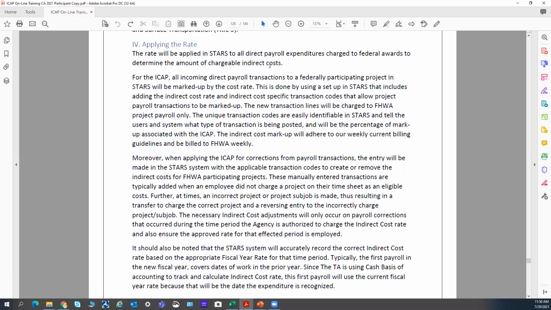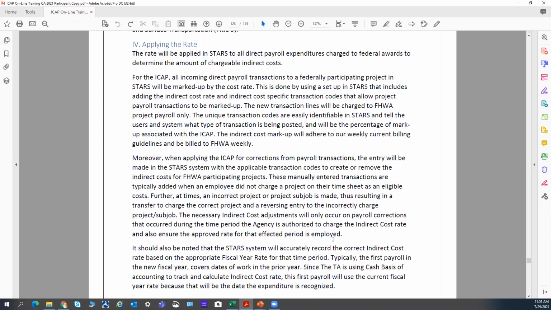Remember, these ICAPs are for a period of time. It's a window. That window is usually the fiscal year. Well, you're going to have costs that are incurred during the fiscal year, but come July 1st, if that cost was incurred, meaning a direct cost or an indirect cost, your system has to be able to recognize when it's being put into the system a week later than when that cost was actually incurred.